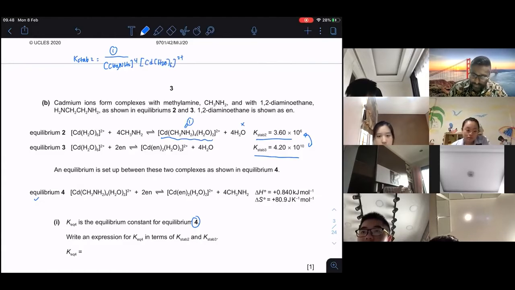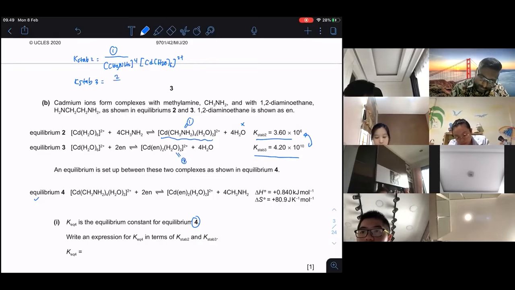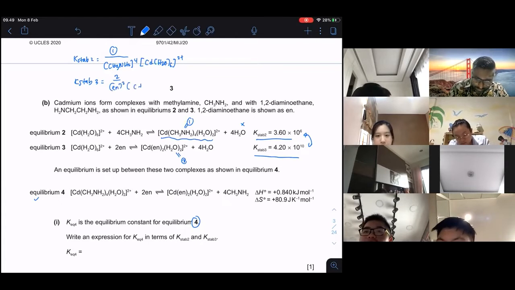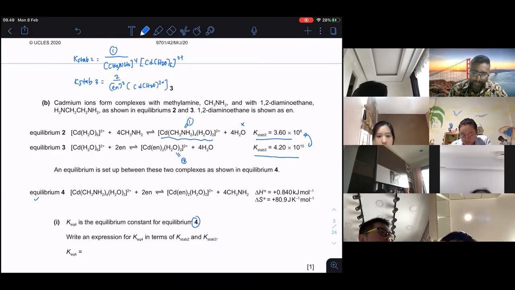I ignore the water. K step 3, I am going to have maybe this one. I'll replace it as 2. So 2 divided by En to the power of 2 and CdH2O 2+.